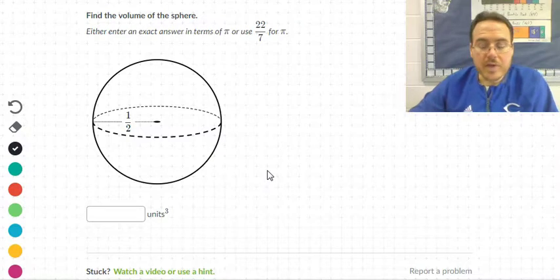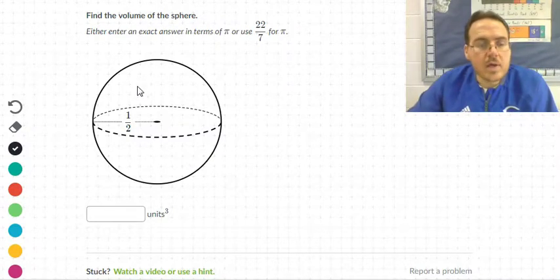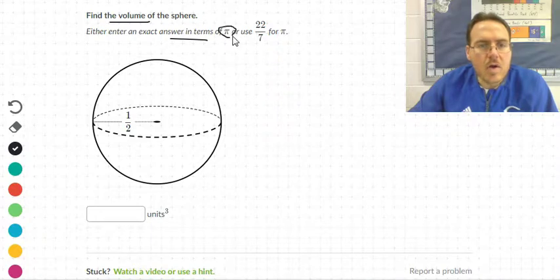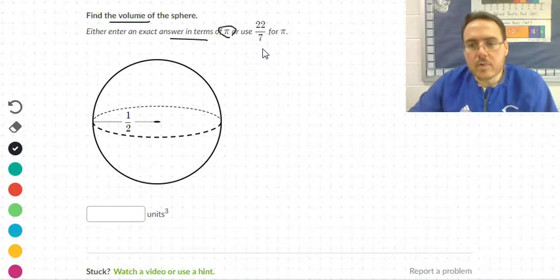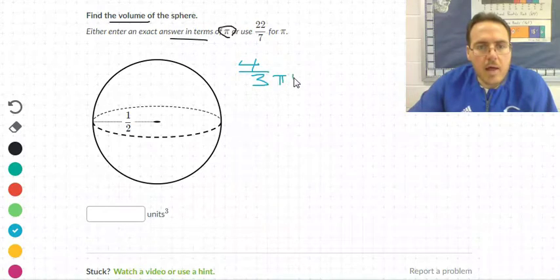I had a lot of requests for these. These were the spheres that have fractions as a radius. We want the volume, again, in exact terms of pi, or using 22/7. I can do it both ways, just in case you want to see it. So the formula is 4/3 pi r cubed.